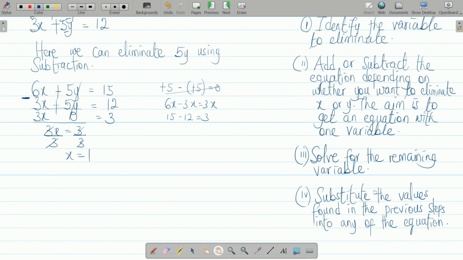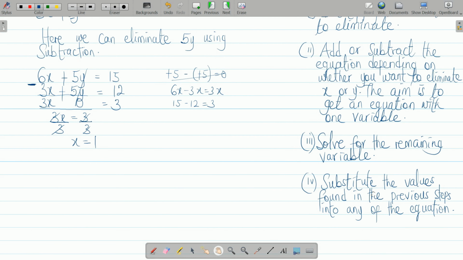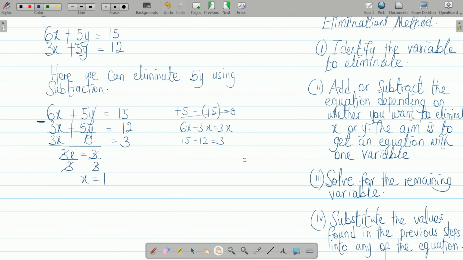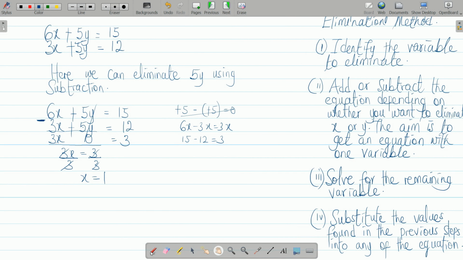Now we are to find the value of y by substituting, since we have the value of x. We can substitute the value of x into any of the equations.